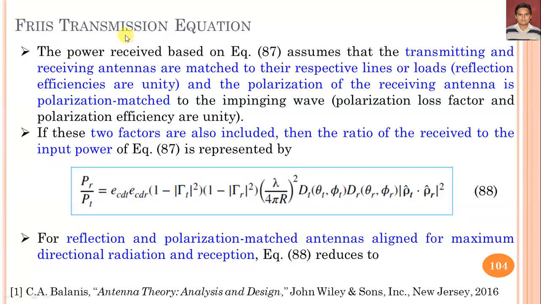The equation for the power received, as you can see in equation 87, assumes that the transmitting and receiving antennas match their respective lines or loads, I mean the reflection efficiencies are unity, and the polarization of the receiving antenna is matched to the impinging wave, so the polarization loss factor and polarization efficiency are unity.